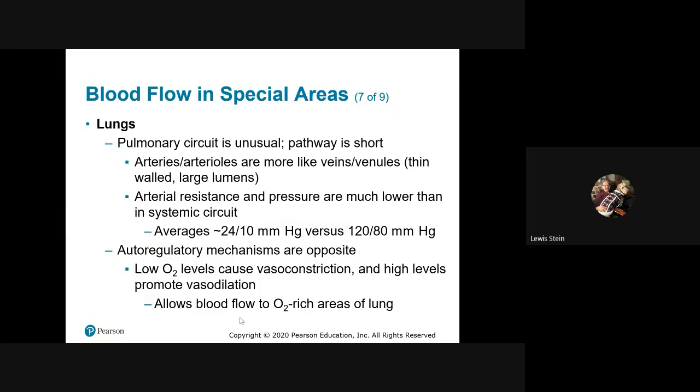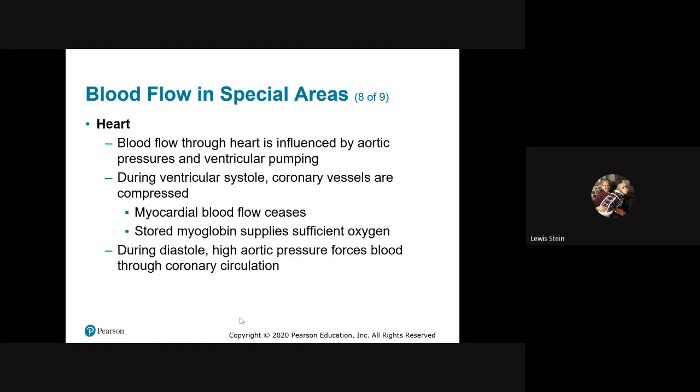And the lungs, we've done enough of, and we'll look at the pressures. Everything will be opposite because it's a special circulation. The heart, you can read through that just as easily. As you can see, when the heart's contracted and the coronary vessels don't get any blood, we're going to do the heart tomorrow. If you're listening to this today, we're going to do the heart on the 30th, and really spend a day with the heart, looking at it, and then moving into respiratory.